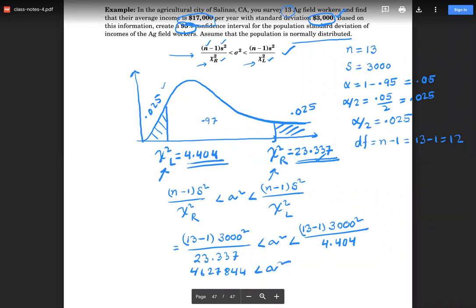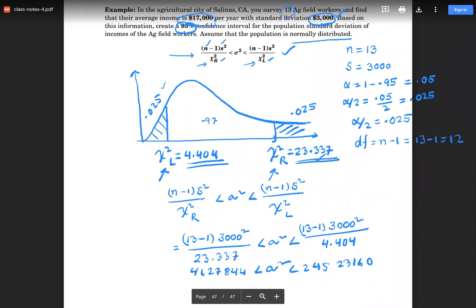Then the right side gives you 3000 times 3000 times 12 divided by 4.404, which gives you 24,523,160.